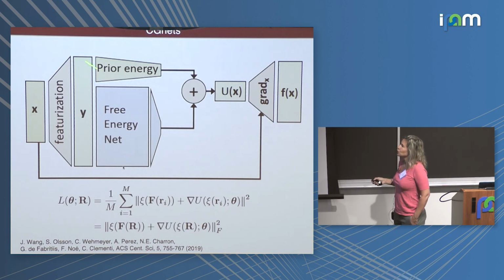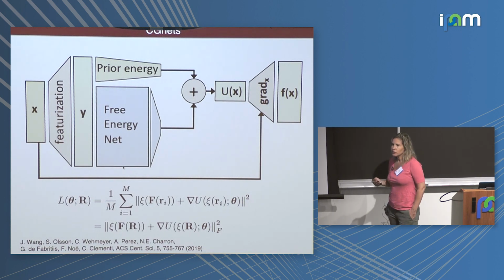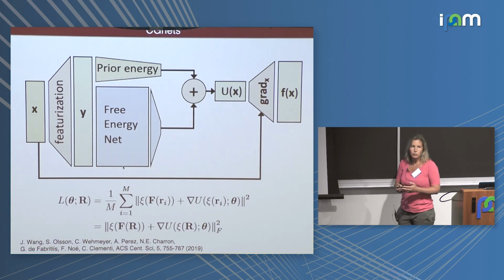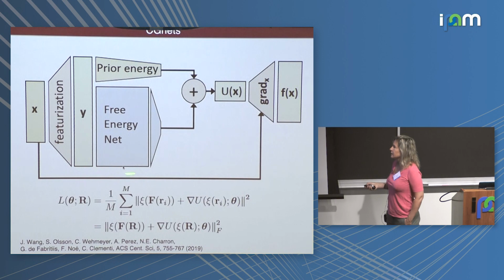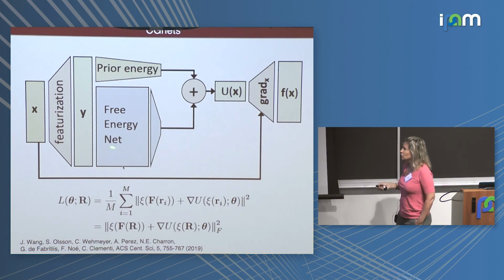In principle, you could use anything here, even a different energy function obtained with some other method, some naive energy function for the system that enforces the asymptotics, like the fact that you cannot overlap two beads and things like this. And then the rest, that is basically all the multi-body interactions we don't know, we put into a neural network. Then we use the total energy, take the gradient to find the forces, and put the forces into this loss function that we minimize.